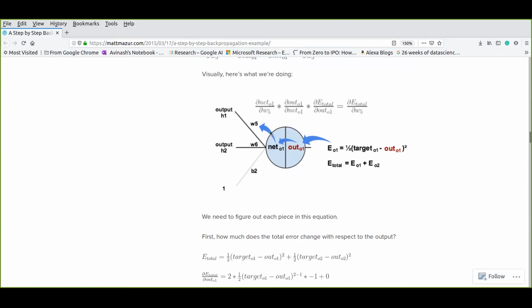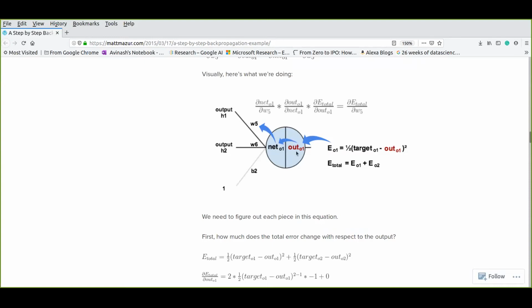To get the gradient of E total with respect to W5, we can see that between W5 and E total, we have output O1 and net O1. So if we want to know how E total changes with respect to W5, we should first know how E total changes with respect to output O1.